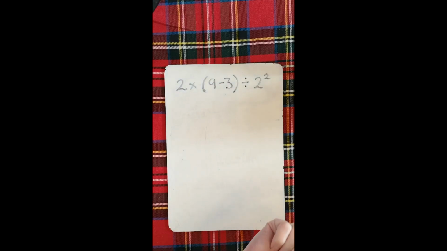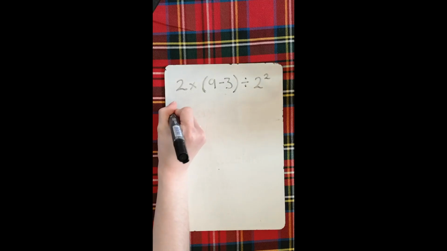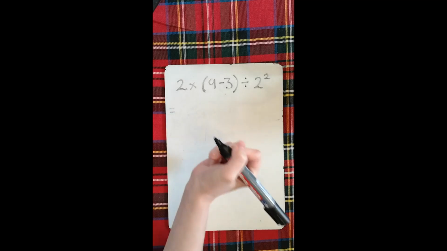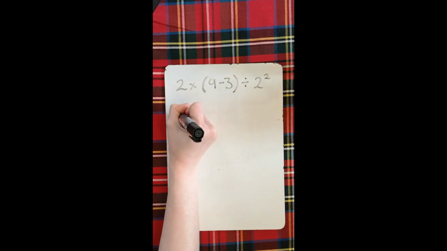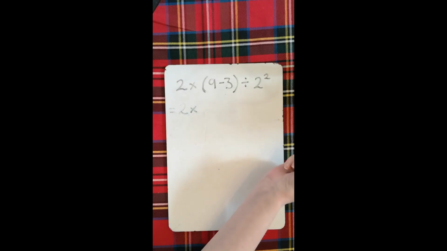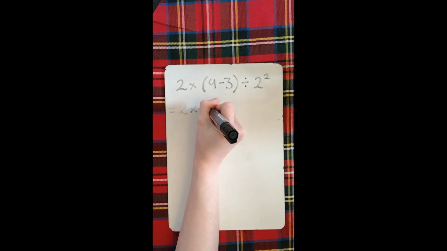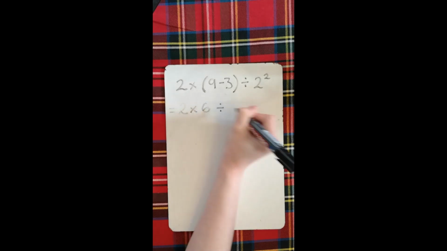What am I going to do first? My B stands for brackets, and I have some brackets here, so I'm going to do those first. Everything else in my calculation is going to stay in the same place. So 2 times 9 take away 3 is 6, and then divided by 2 squared.